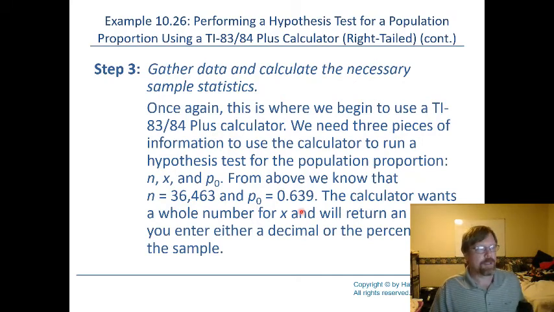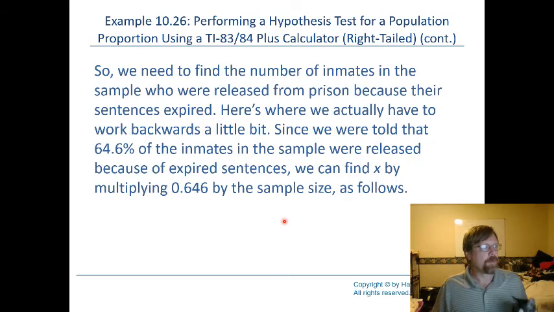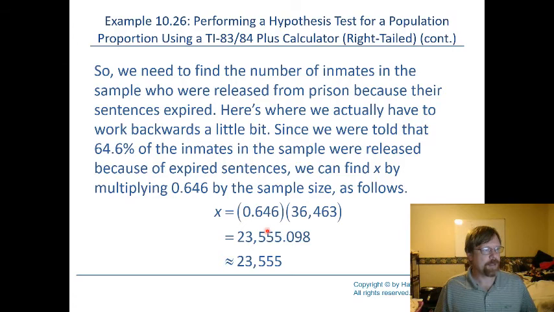It is important to note that we need to give it a whole number so it doesn't give us an error. We were told that the sample had 64.6% released because of expired sentences, so we can multiply 0.646 by the sample size. We end up with 23,555.098. We'll have to round that to 23,555.